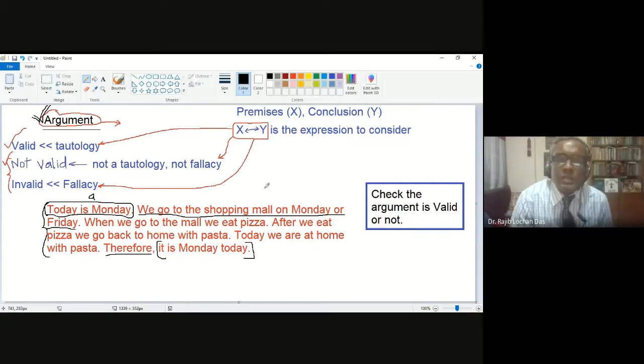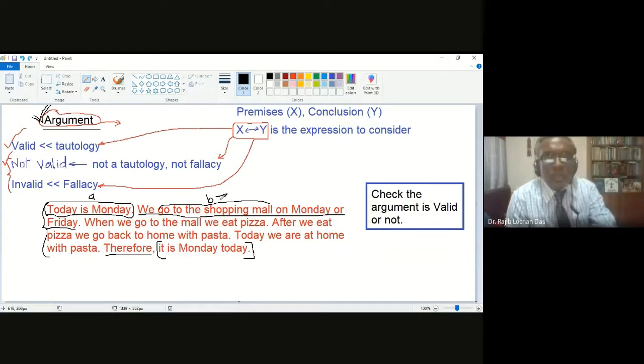Going to the shopping mall is your B. So you will think that A implies B. If it is Monday, then you go to the shopping mall. Or there is another thing, or.